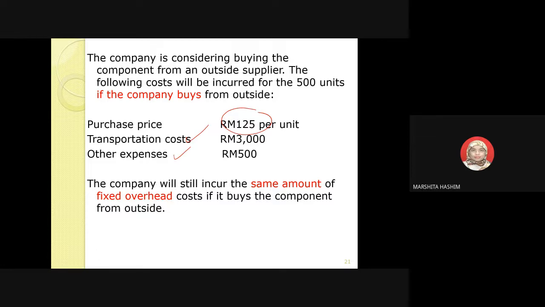If you manufacture, you don't have to pay all this. The company will still incur the same amount of fixed overhead if it buys the component from outside. That means fixed cost is irrelevant because whether you buy or you produce, you still have to pay fixed cost.